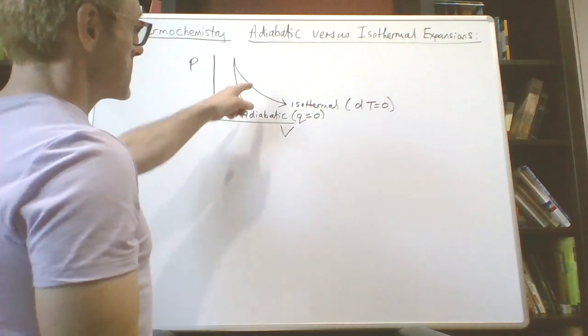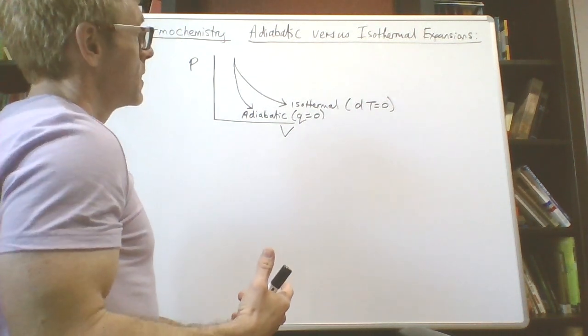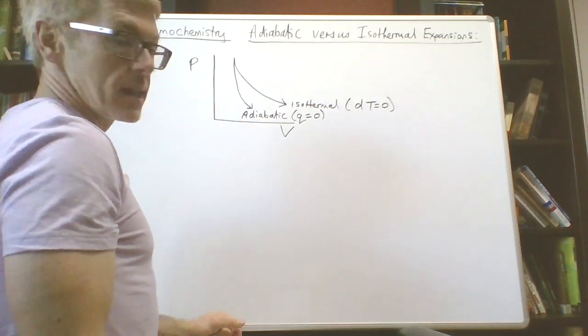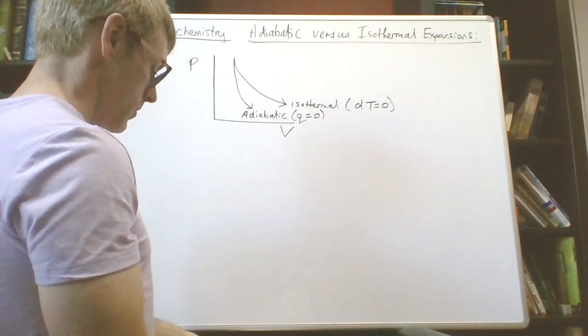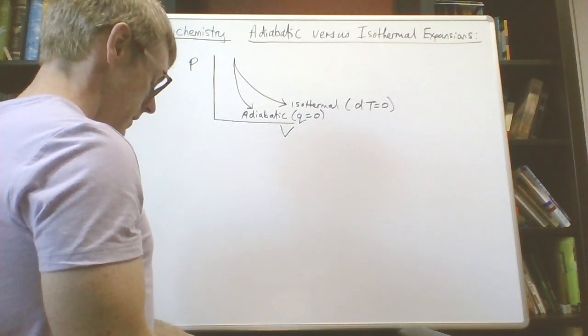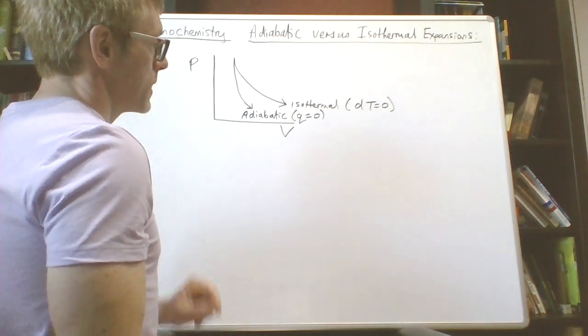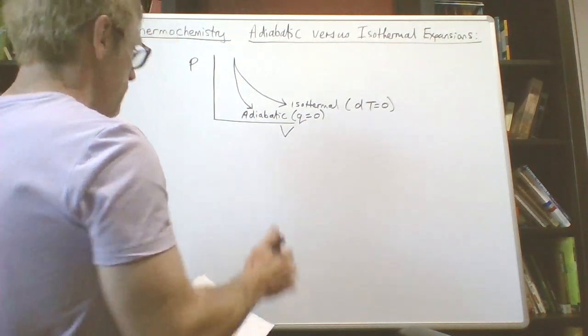So we want to try and understand why the adiabatic conditions would clearly differ in the work done compared to the isothermal conditions. Let's focus on the adiabatic, because that's the unusual one.